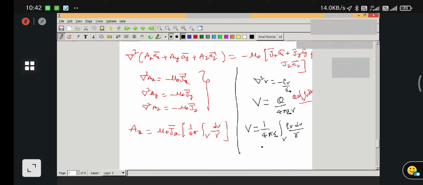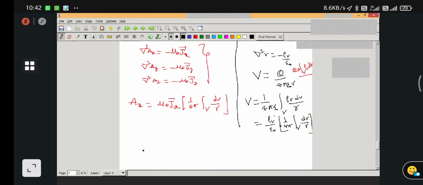In the same way, I am writing rho v by epsilon, 1 by 4 pi, the volume integral of dv by r. Likewise, Ax equals mu naught Jx, 1 by 4 pi, the volume integral of dv by r.